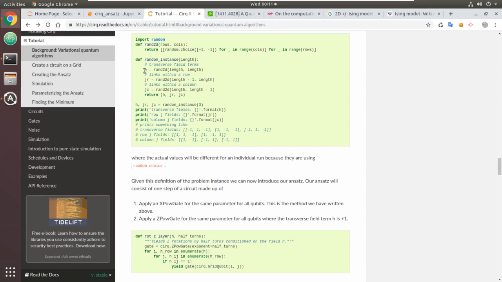Okay, so h and this length. Links within a row, links within a column.